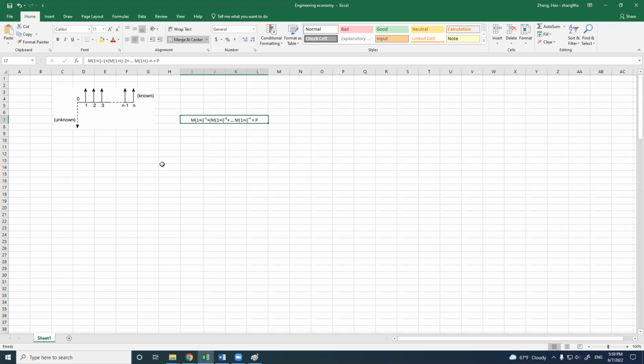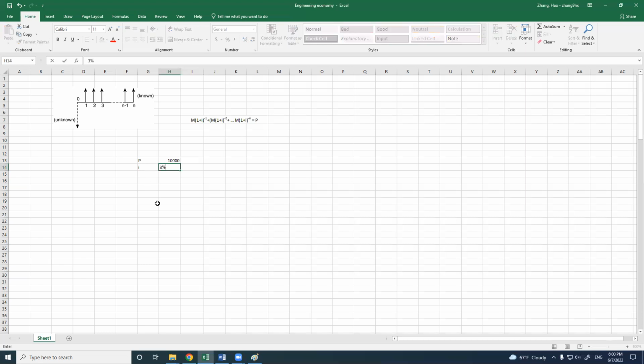All right. First of all, we need to know what the present value is. We can use the variable P to represent that. Say, for example, the present value is $10,000, and the annual interest rate, let's put it as 3%.